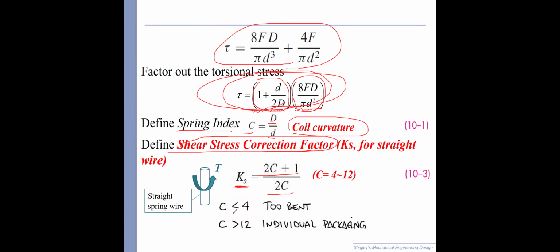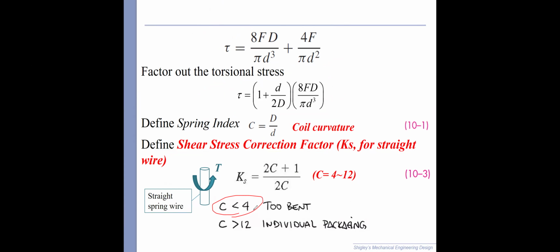If this C, the spring index, is less than 4, that means the wire of this spring is too bent. If C is greater than 12, that means this spring is going to self-individual pack.